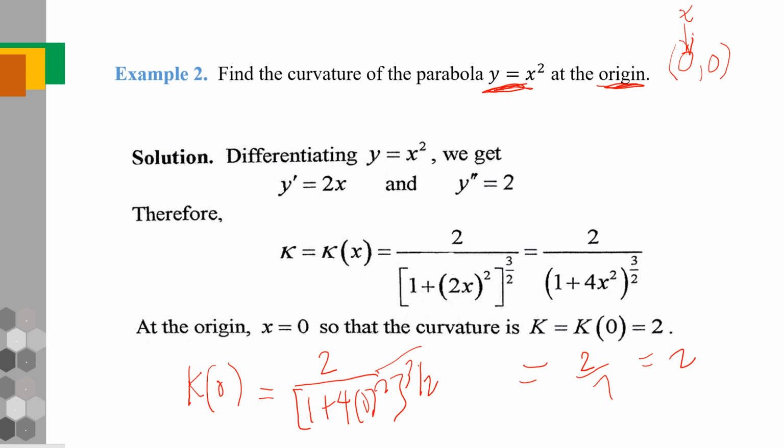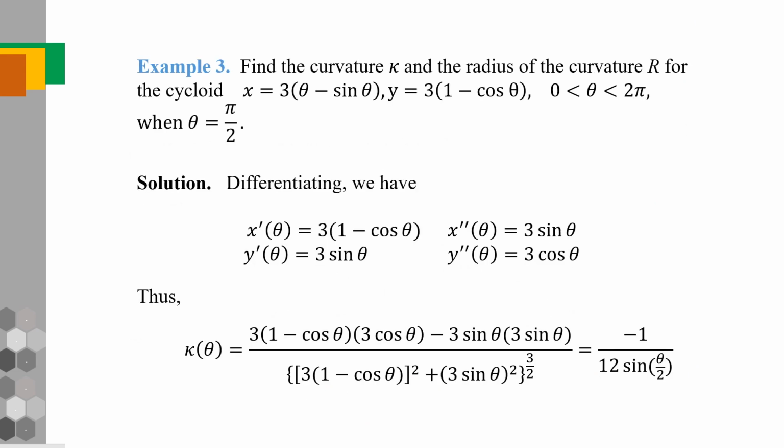So yung curvature ng ating parabola at the origin is equal to 2. So actually, yung graph nito is a parabola that opens upward with vertex at the origin. So, that means yung oscillating circle natin is matatagpuan dito sa taas. Okay? So, yan yung oscillating circle natin.